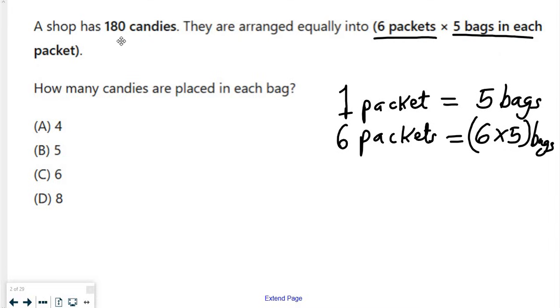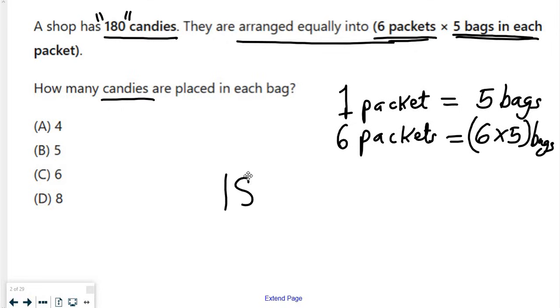Now, a shop has 180 candies arranged equally into 6 packets and 5 bags in each packet. How many candies are placed in each bag? That means you will take 180 divided by this expression here, which is 6 into 5.